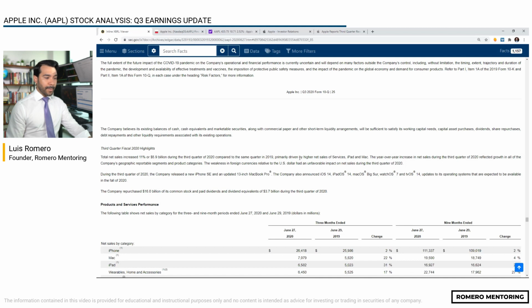Again, primarily driven by higher net sales of services, iPad, and Mac. Not the iPhone. Now they're starting to focus more on their accessory products, their wearables, and their services. This is primarily now what is driving growth.